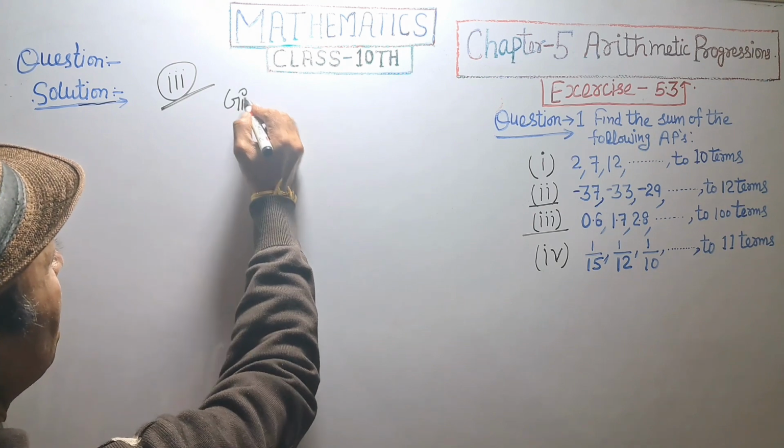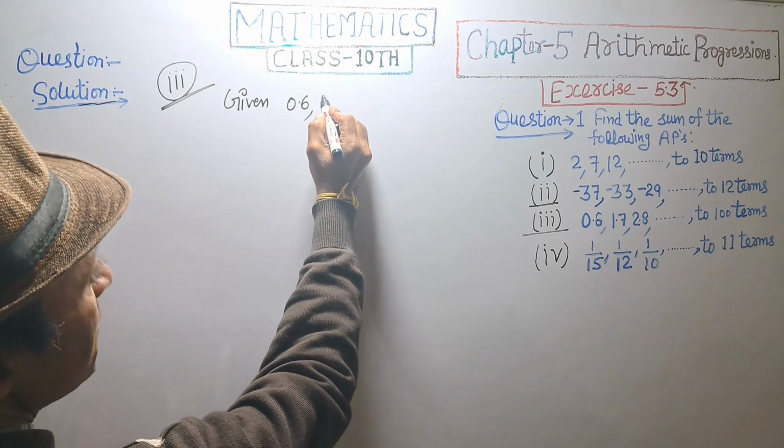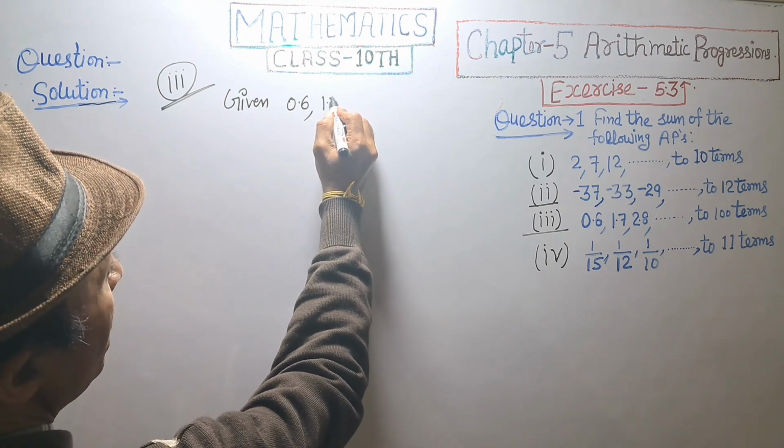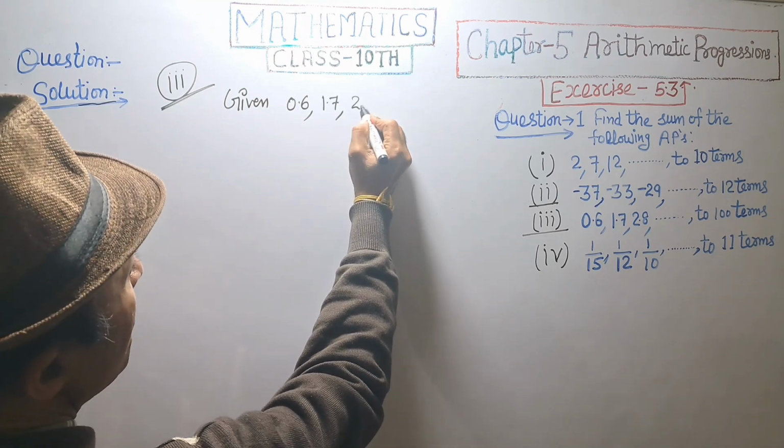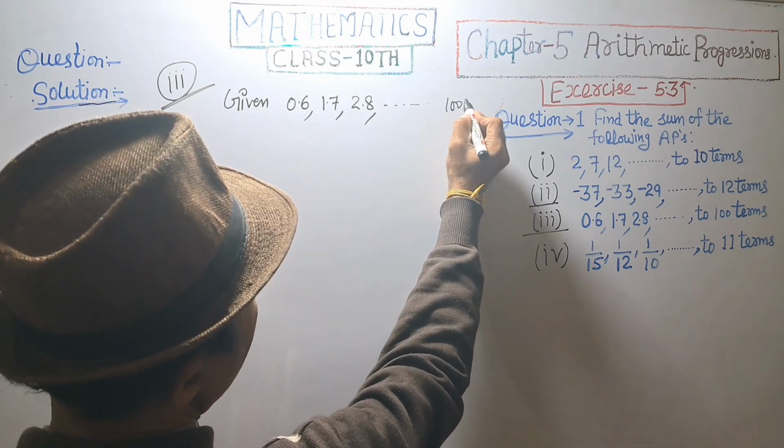Question number first, third part. Given 0.6, 1.7, 2.8 and up to 100 terms.